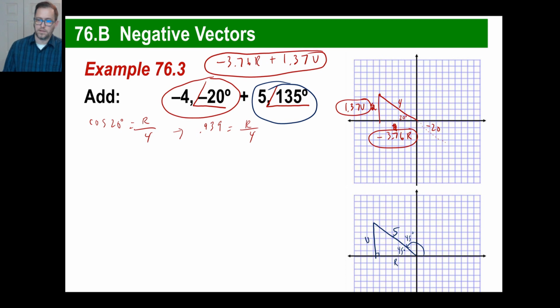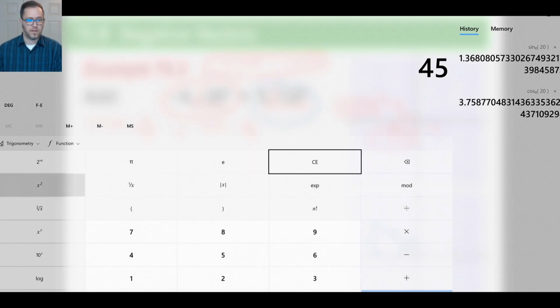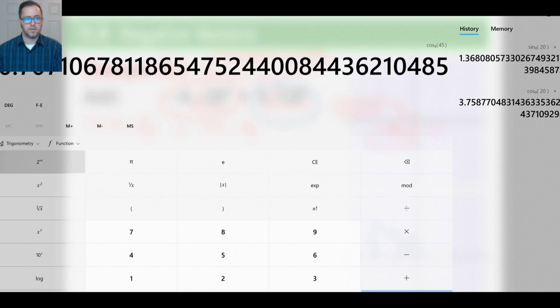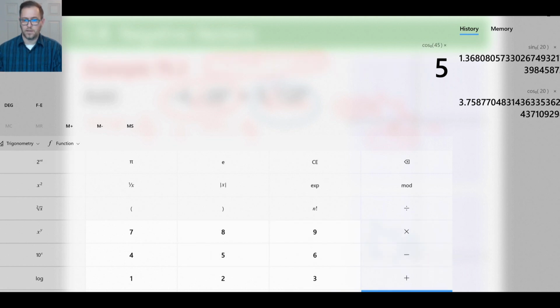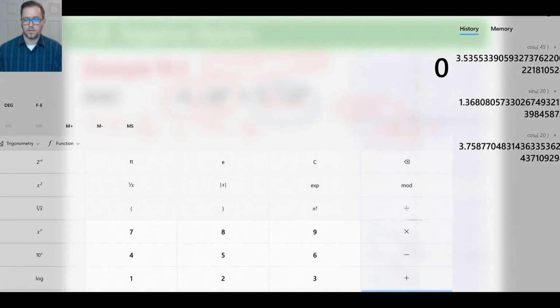So we need to find the cosine of 45 degrees. Let's clear this out. 45, and we have a cosine of 0.707. That's going to be multiplied by 5 this time. And there we go, 3.54, we'll call it. So we have this 3.54, and don't forget that'll be negative 3.54 as R. And again, 45 degrees, and we will go sine this time.